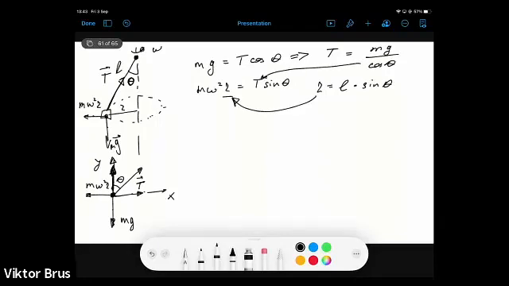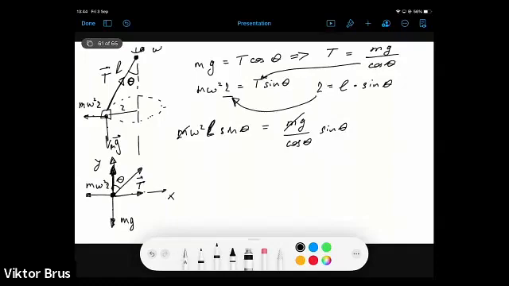It will be m omega square times L times sine theta, and this is equal to mg divided by cosine theta times sine theta. Okay, so m and m cancel out.